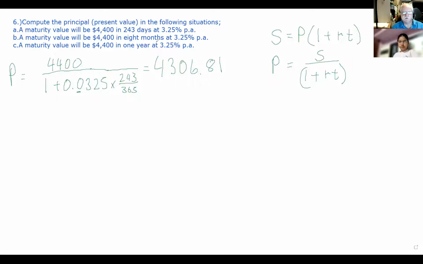And then we're going to do the same thing, but now we're dealing with months. So principal equals 4400 over 1 plus 0.0325 times 8/12 of a year.